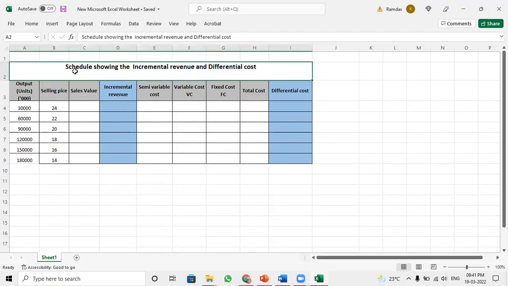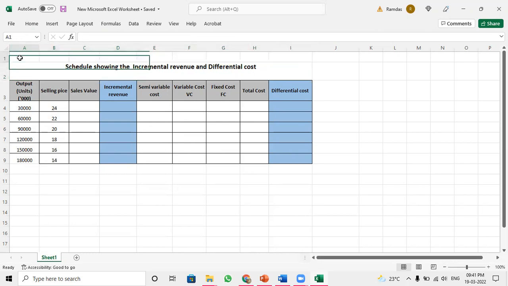So first, take the heading: schedule showing the incremental revenue and differential cost. So we are solving the problem.